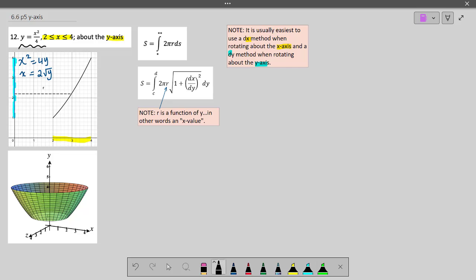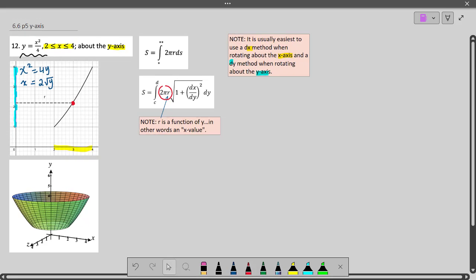So our setup will be that when we do area of a surface of revolution, we're picking a point element. I'm imagining this point rotating around the y-axis, creating a circumference, which is what the 2 pi r is. So that's the circumference, 2 pi r.